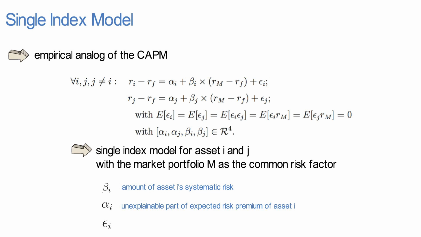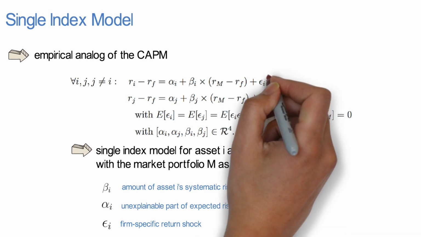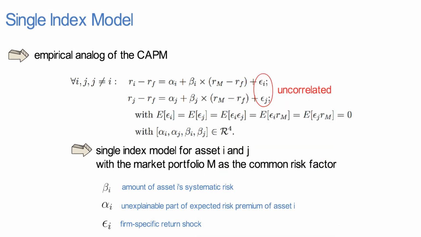And epsilon I is the firm-specific return shock of asset I. The same holds for asset J. Notice that the single index model assumes that different firm-specific return innovations, here epsilon I and epsilon J, are uncorrelated with each other and with the single index. In addition, these disturbances are zero on average.